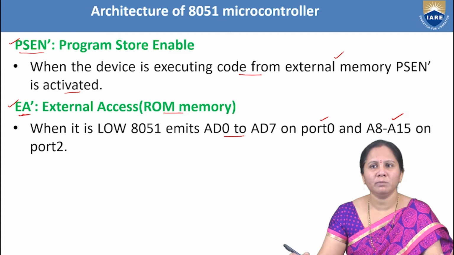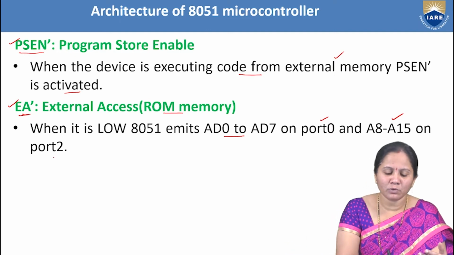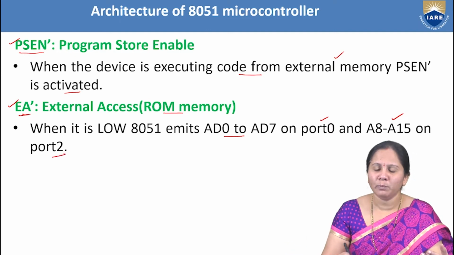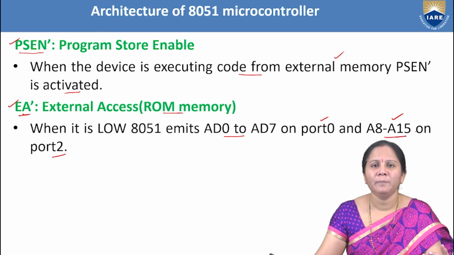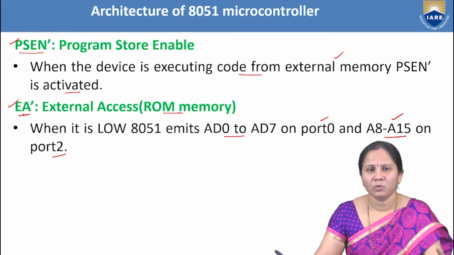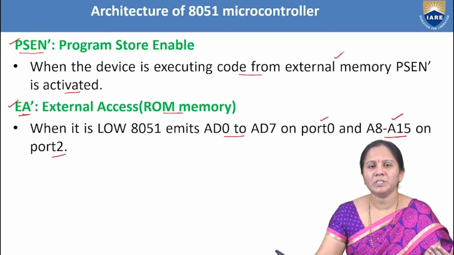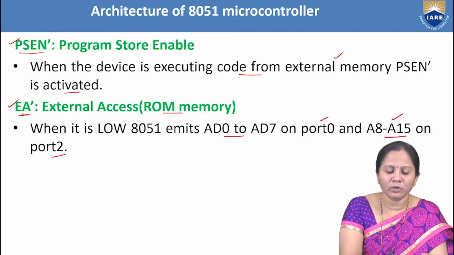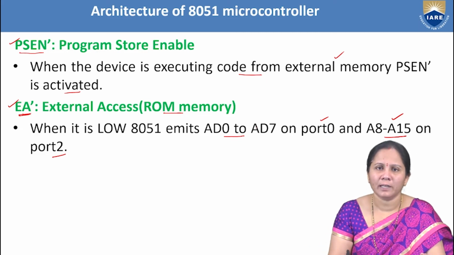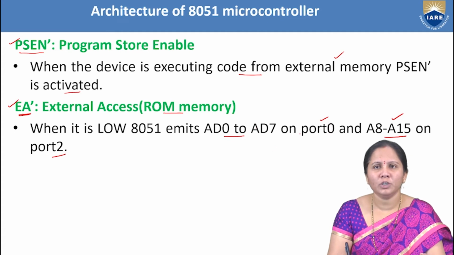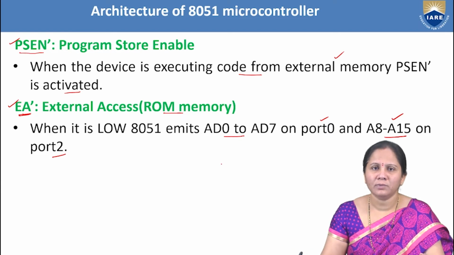Port 0 can be used as an IO port or as address-data multiplexed lines. Similarly, port 2 can be used as an IO port or as simple address lines. In which case they act as IO lines and in which case they act as address lines or address-data lines depends on this external access signal. So, when it is low, port 0 will be used as address-data lines and port 2 will be used as address lines.